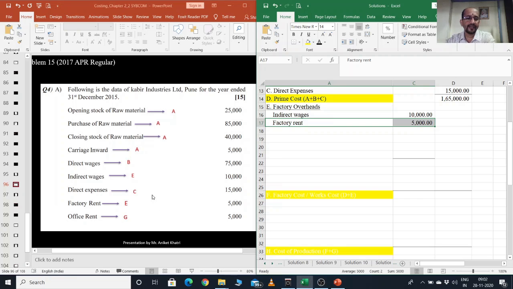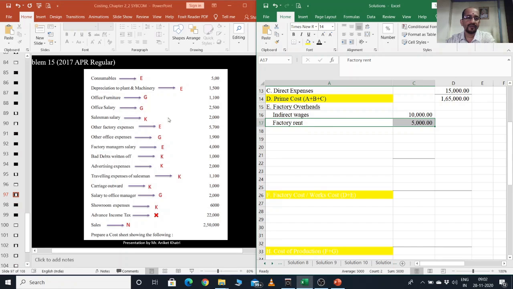Okay. Now next is consumables. Consumables is E. Next, so next item is consumables, E 500.